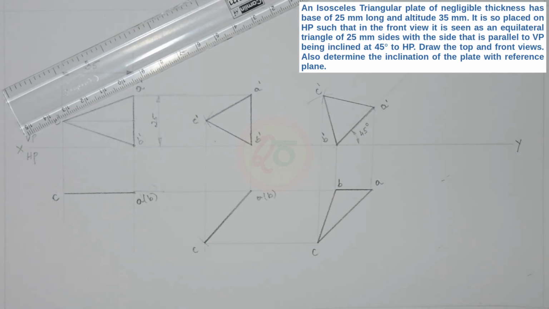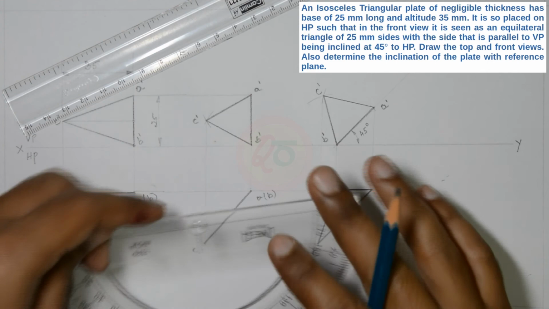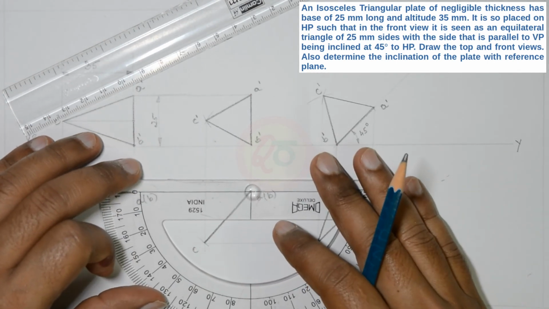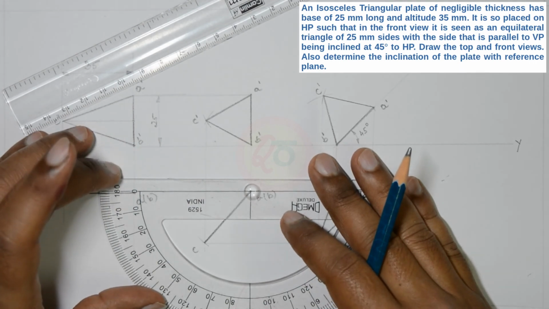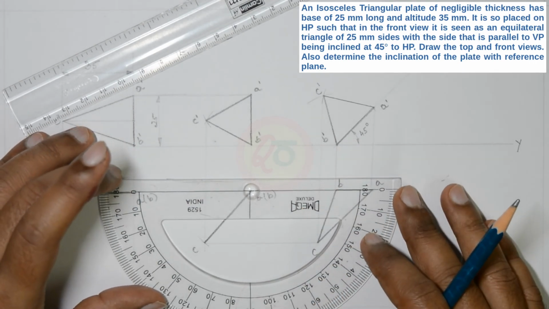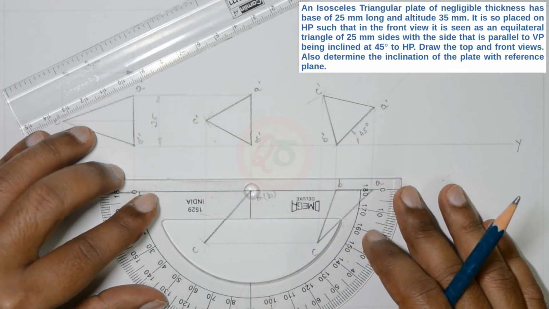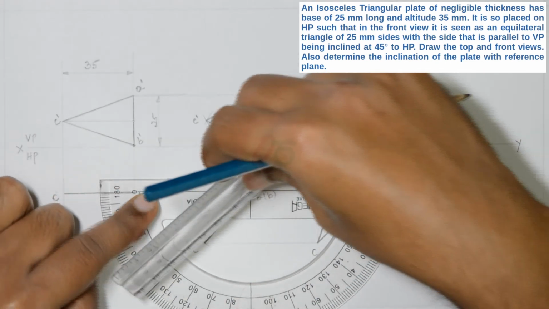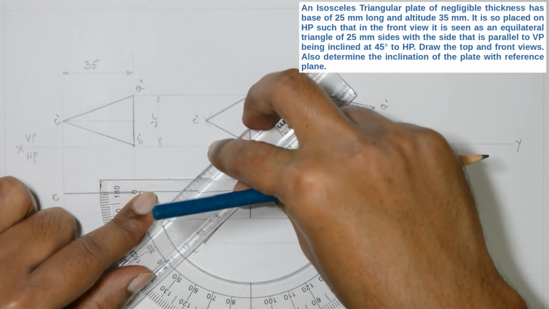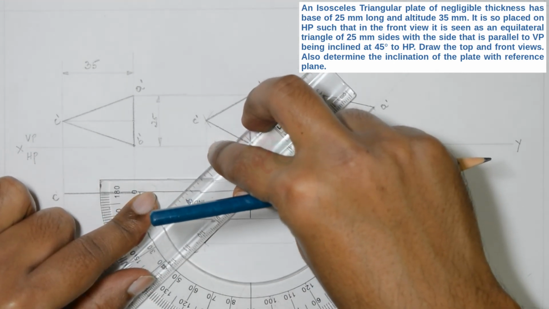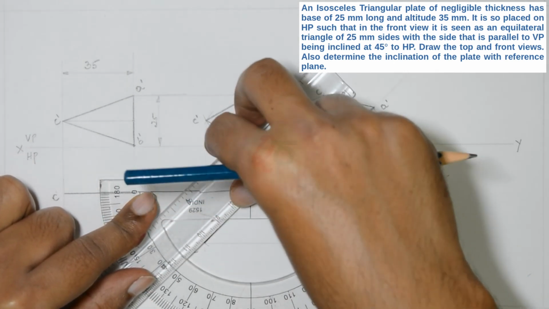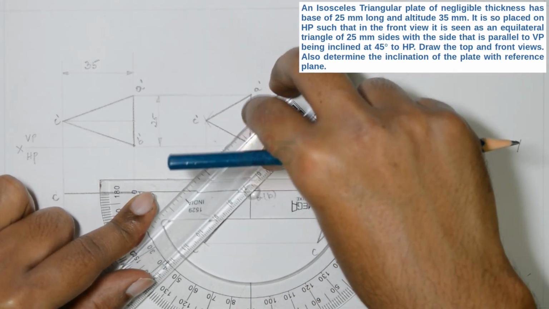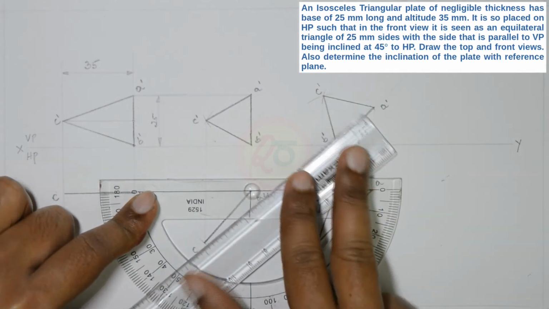Now there is one more thing that remains. It asks for what is the angle at which the plane is inclined to VP. This angle needs to be measured, and it's 45, 46.